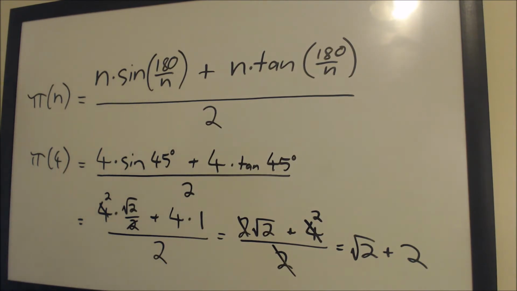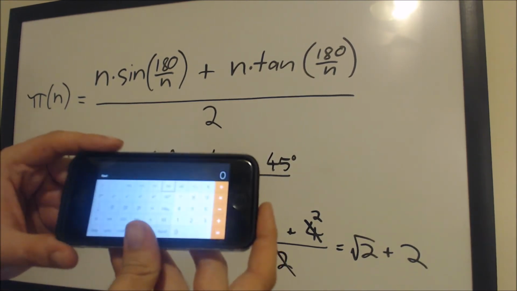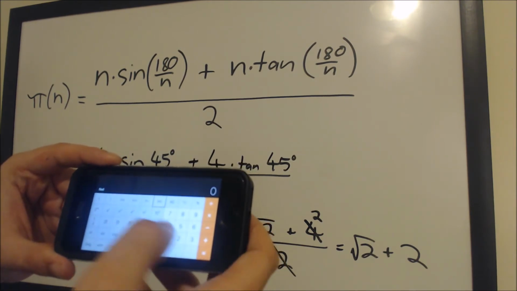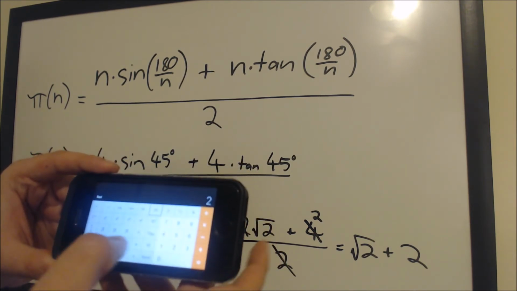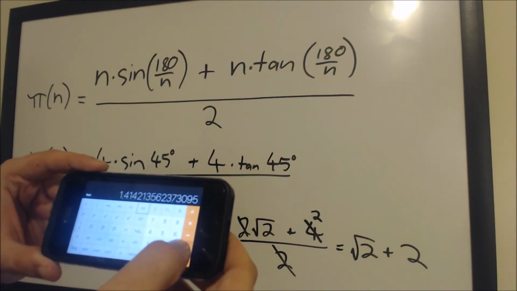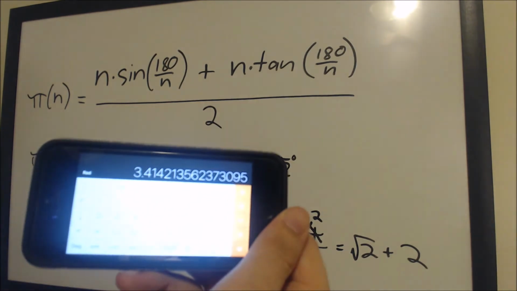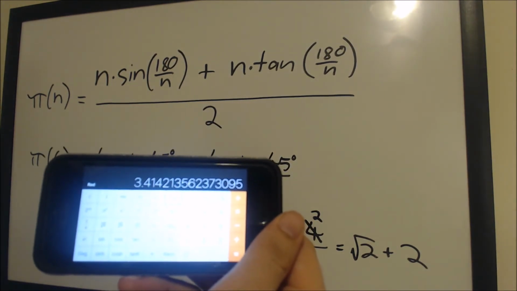And if I use my calculator, then I can actually figure out what that is more precisely. So let's see. Hopefully you can see here. If I take the square root of 2, the 2 square root of 2 right there, plus 2, that gets me 3.414.